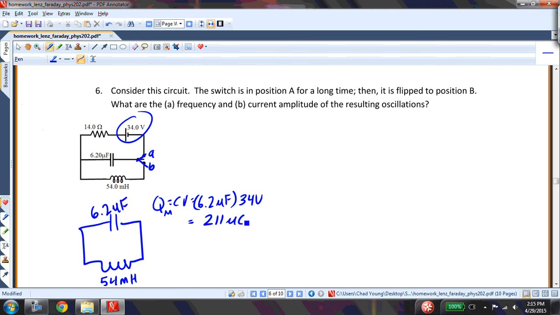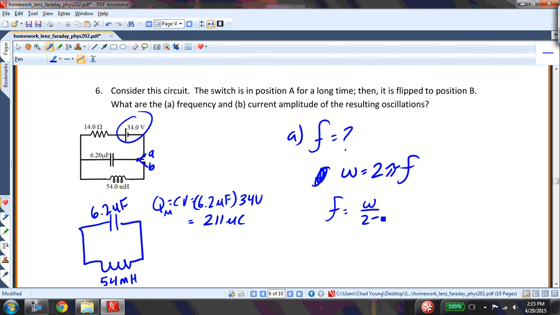And I want to know the frequency, and I want to know the current amplitude. So first I want to know the frequency. What's that equal to? Well, my omega, my angular frequency, is equal to 2 pi times the frequency. So frequency is omega over 2 pi. So I want to find out what is my omega.